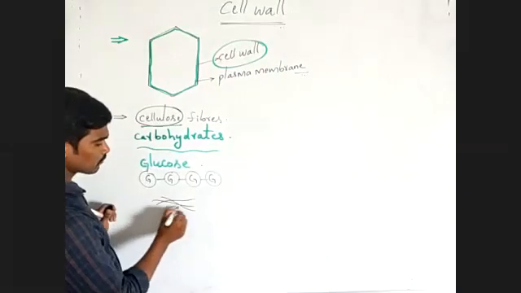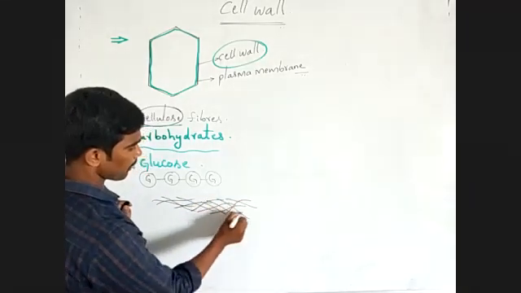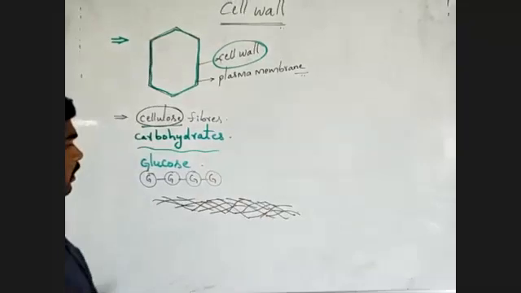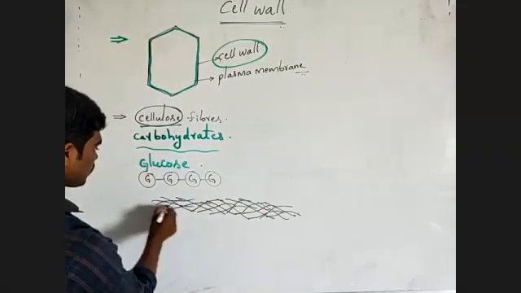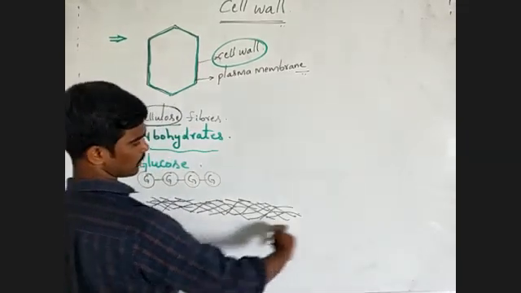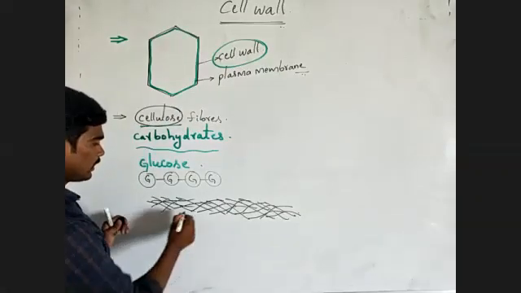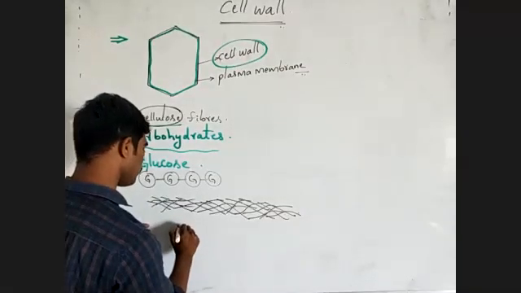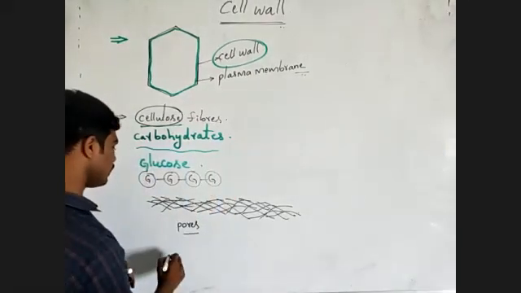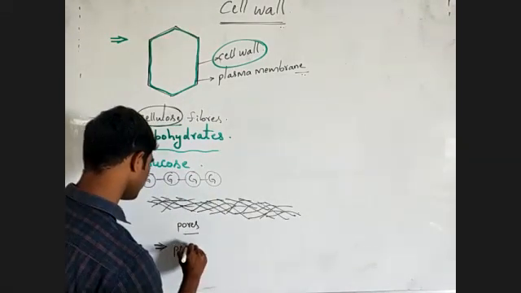Here is another fiber. Like this, all fibers of cellulose are joined together and form a layer-like structure. This is the cell wall. Here we can clearly observe a number of pores, which means the cell wall is a porous layer.